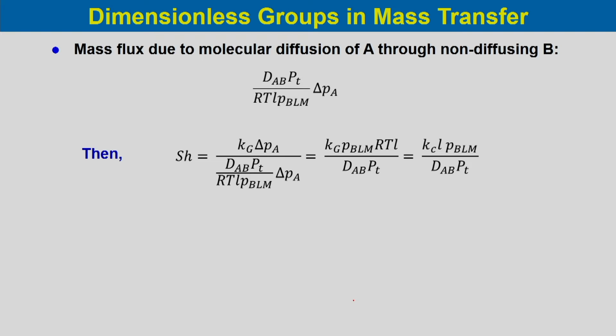In case of very dilute solution, pBLm by Pt is approximately 1. So, in that case we can write kc L divided by DAB.